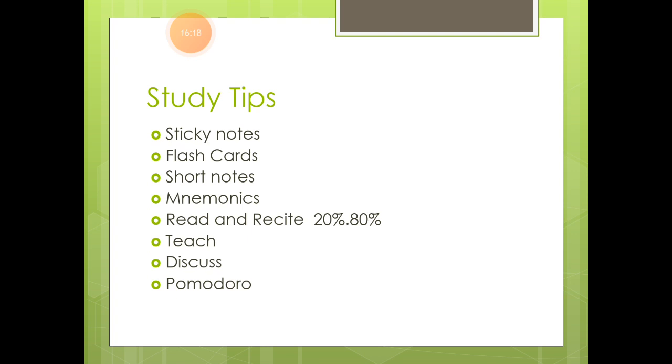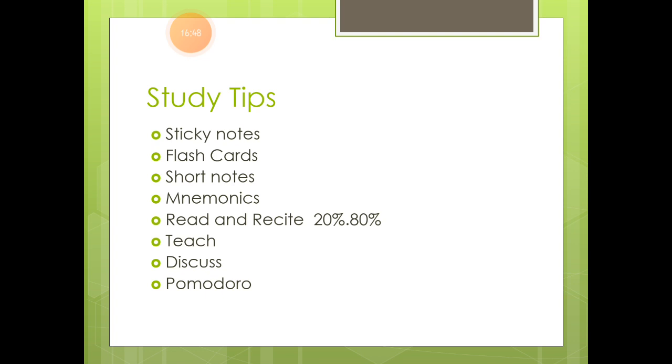For each chapter it's better if you can make a very short note, because most of the paragraphs mentioned there are not very important to face the MCQs. So just go through a chapter, find what is really important for MCQs, write it down and make a short note, and that will save a lot of your time, and you can study very well.